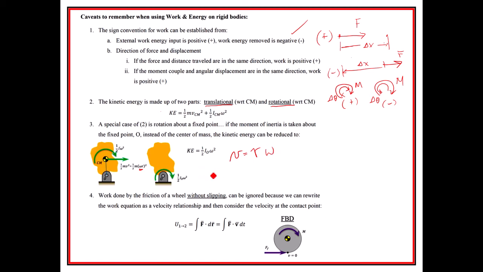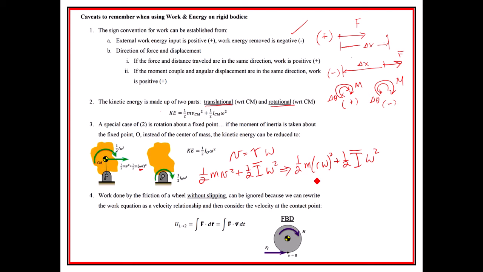And therefore, when you have the 1/2 m v squared plus 1/2 I about the center of mass, omega squared, you can have 1/2 m r omega squared plus 1/2 I about the center omega squared.